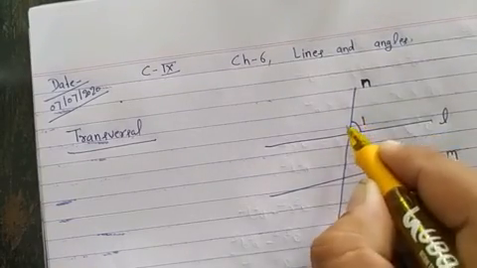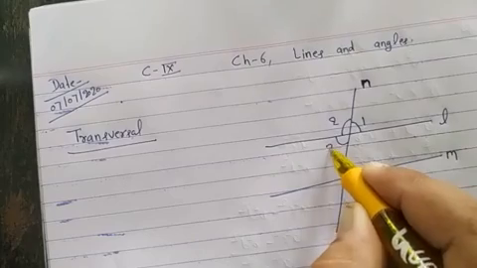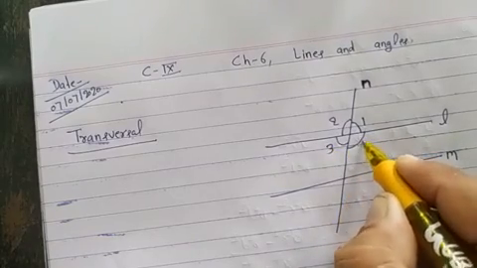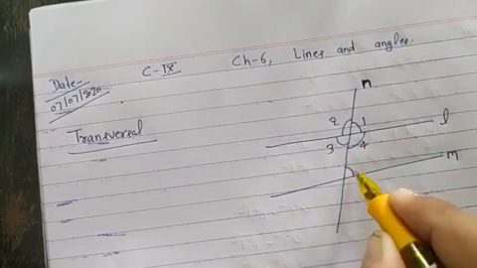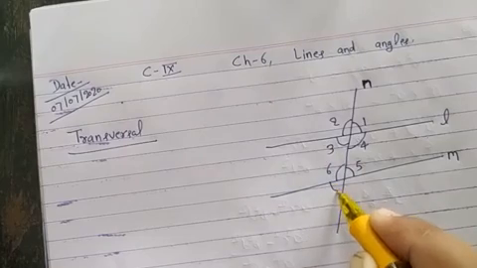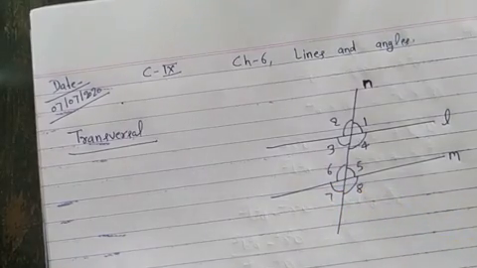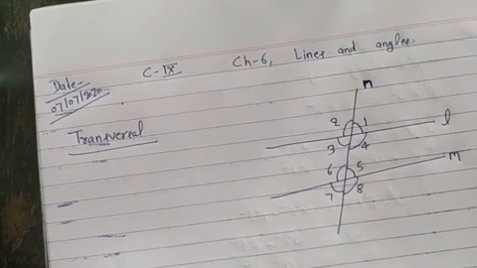Angle 1, angle 2, angle 3, angle 4, angle 5, angle 6, angle 7, and angle 8. So there are a total of 8 angles forming.